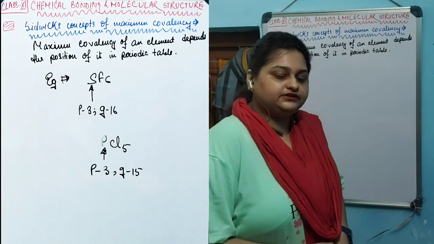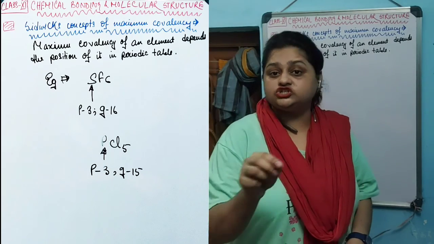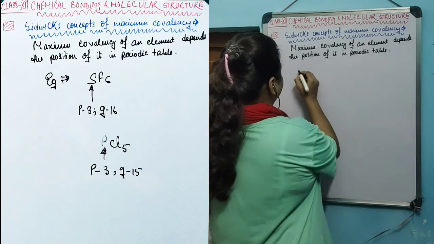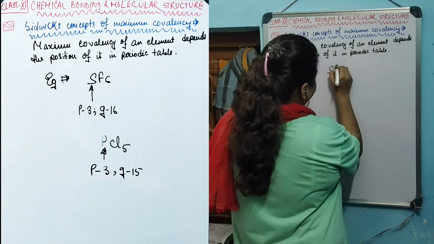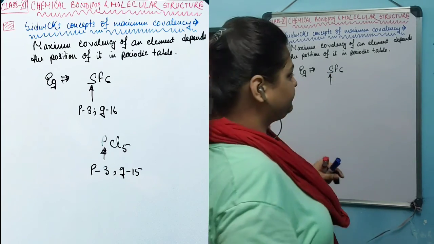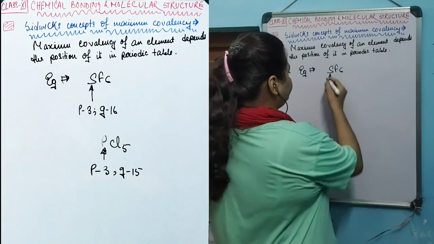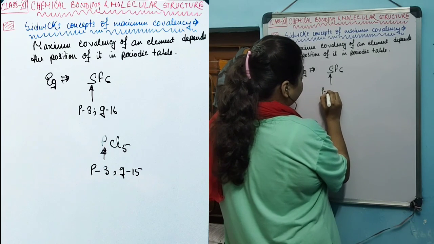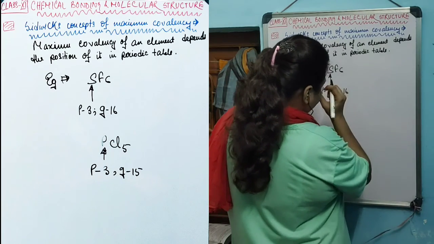He postulated that the maximum covalency of an element depends on its position in the periodic table. Like in SF6, the central atom has an expansion of the octet. It shares all 6 electrons. Now, in the periodic table, sulfur belongs to period number 3 and group number 16.